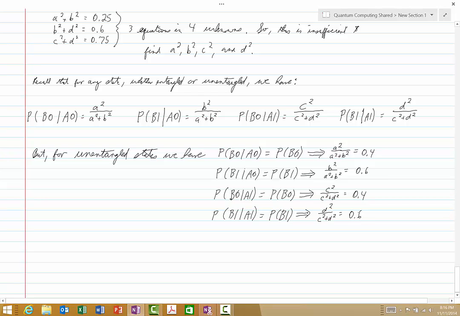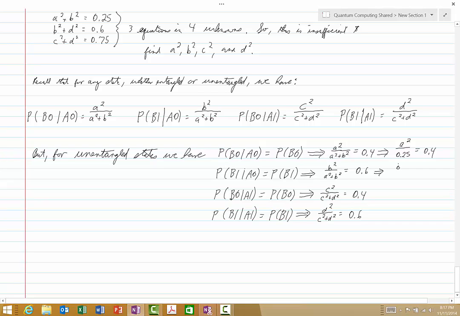But, and this is where we will now be able to finish this problem, A squared plus B squared is 0.25. So we have then that A squared over A squared plus B squared, which is 0.25, equals 0.4.